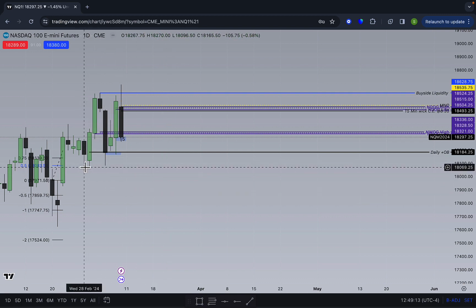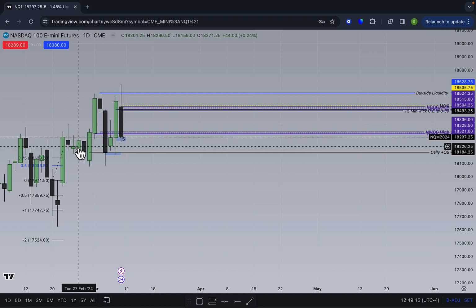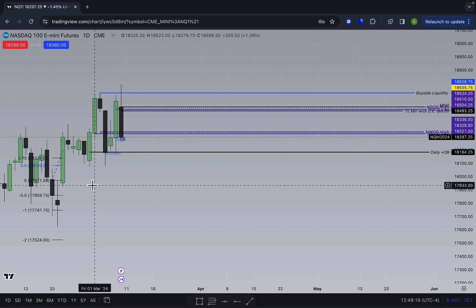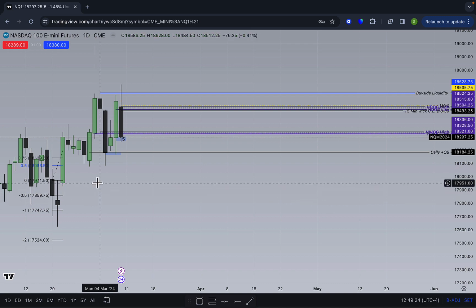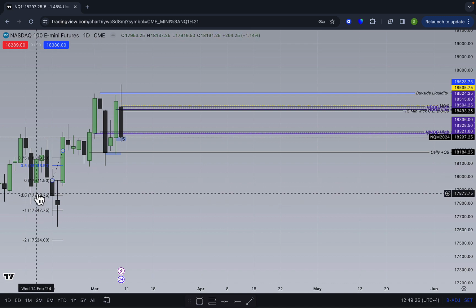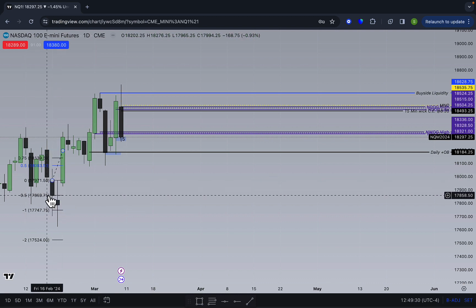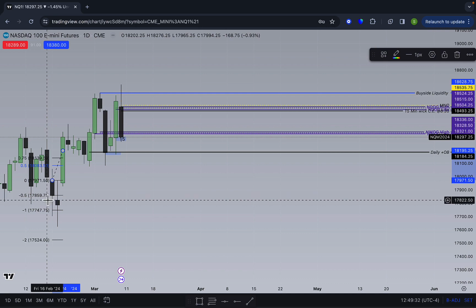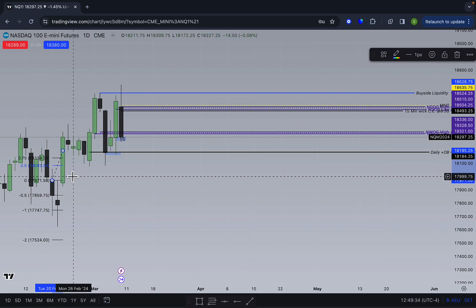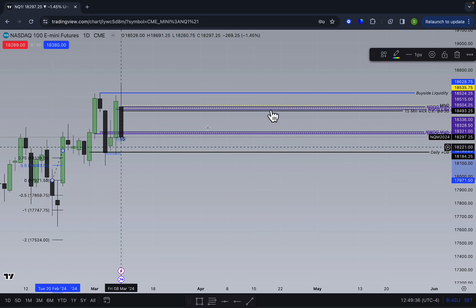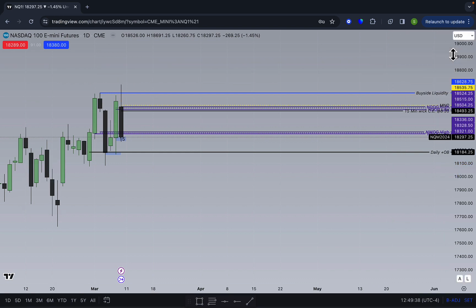I wouldn't be surprised, like I said, below the mean threshold, below the consequent encroachment of that wick, I'm looking to potentially rebalance this area here. And of course, we have two volume imbalances here, not just this one big area. We have the separation where only the wicks overlap in here, and then from this candle to this candle. So both of those you should have on your chart.